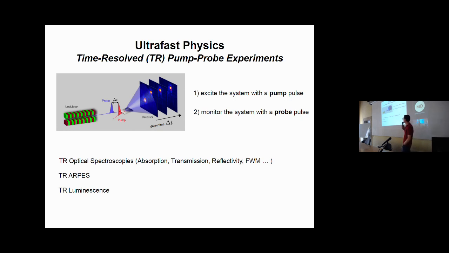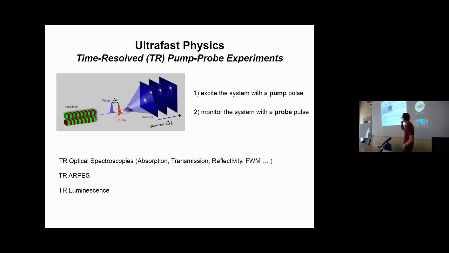In this kind of experiment, you have a system, whatever you want, can be a molecule, a solid, a two-dimensional material, initially in the ground state, so very happy to stay in the lowest energy state. Then you excite the system. You perturb it, typically with a laser pulse called the pump, which brings the system out of equilibrium. It brings it to an excited state, or more precisely to a linear combination of excited states.